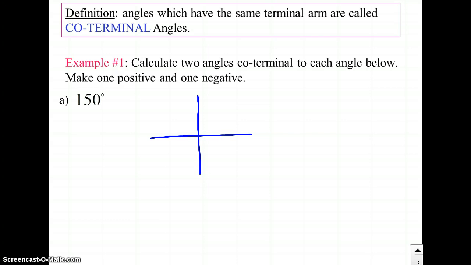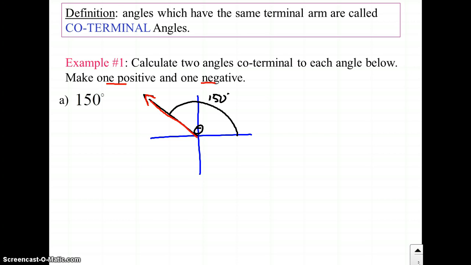But if I draw an angle 150 degrees in standard position, positive x-axis, I go 90, there's about 150 degrees. That's my 150 degree angle in standard position. There's angle theta. I want to make a coterminal angle to that. That means it's got the same terminal arm.